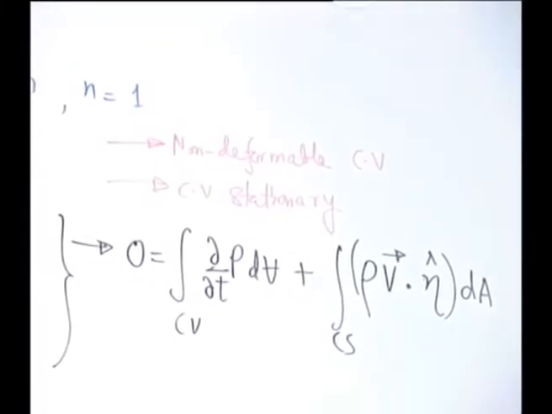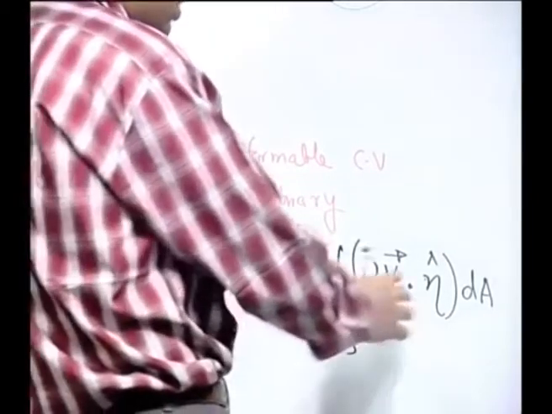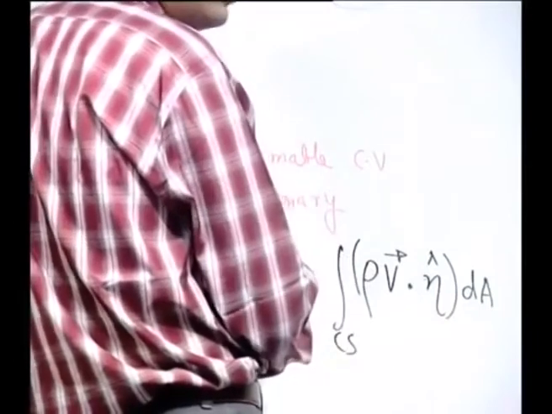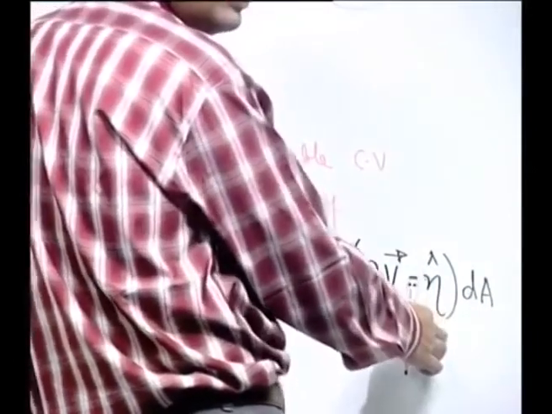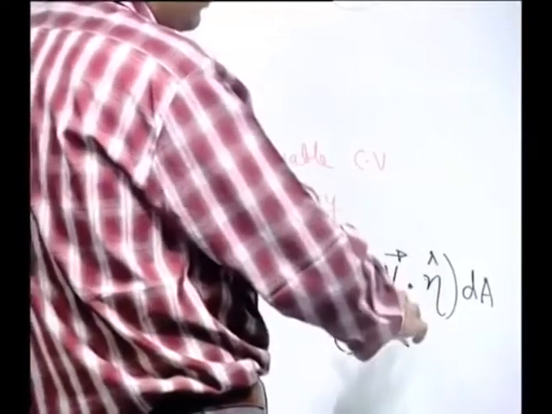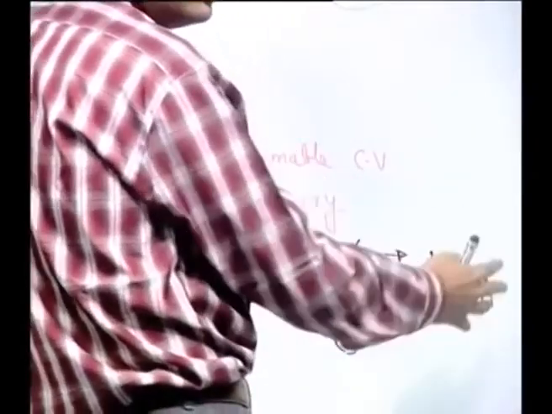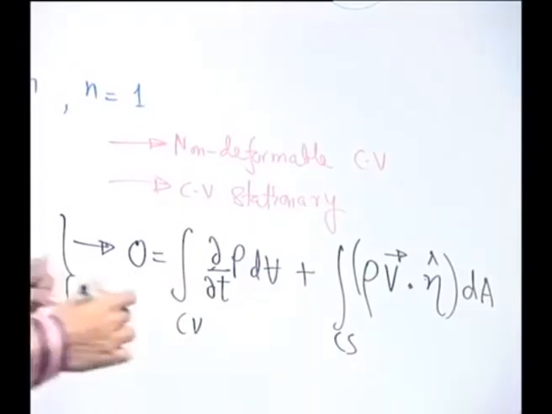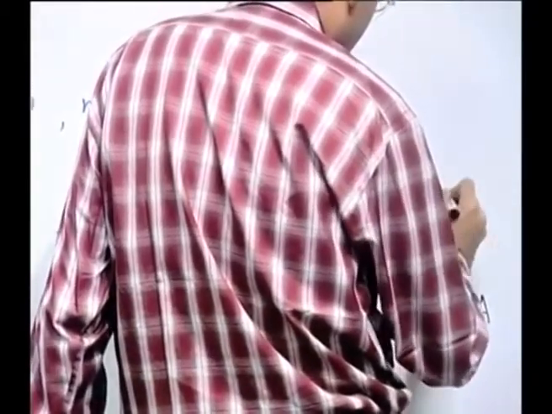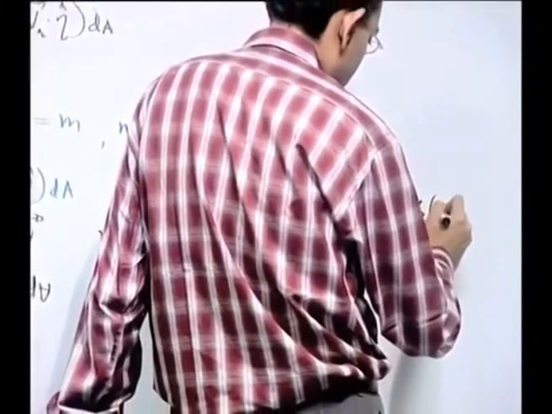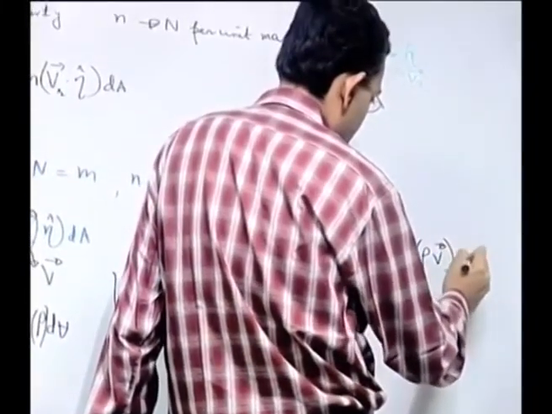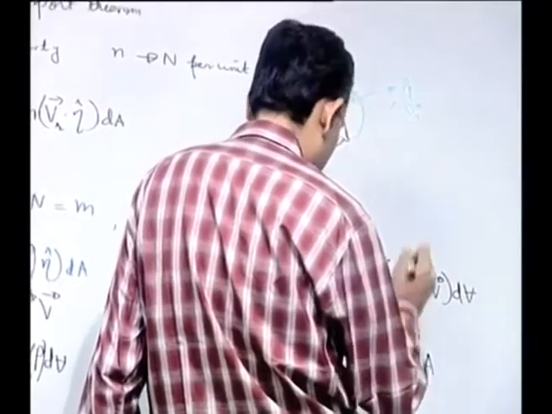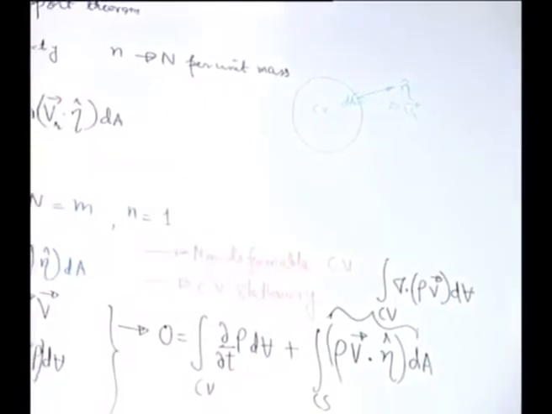Now we can see that this equation has two terms, two integrals, one is the volume integral, another is the surface integral, and we can convert the surface integral into a volume integral by using the divergence theorem. So we can write this term as divergence of rho v.